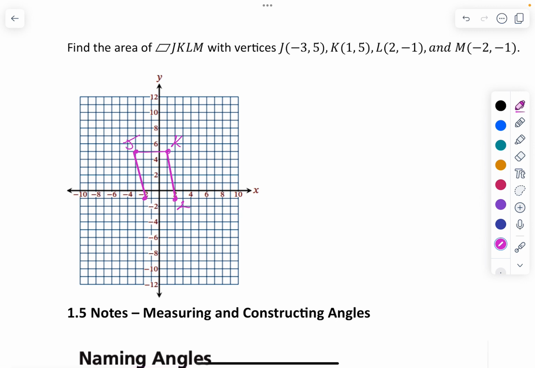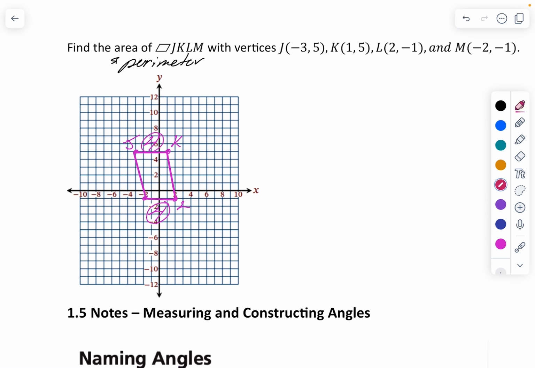So we are going to look for the area. We're also going to do the perimeter. We are going to do both. So area and perimeter. Okay, let's start with the area. So for the area, we know that this is 1, 2, 3, 4, and 4, right? That's our base.